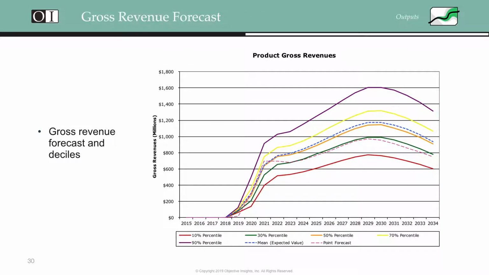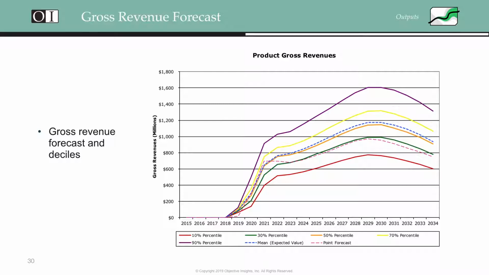All the results we've been looking at so far have been results within one particular year. So if there's a range of results that go with each particular year, if we look out over time across years, we'll see that there's a range over time. And that can be well represented by deciles. So on this graph, on the horizontal axis are different years, and on the vertical axis are gross revenues in millions.